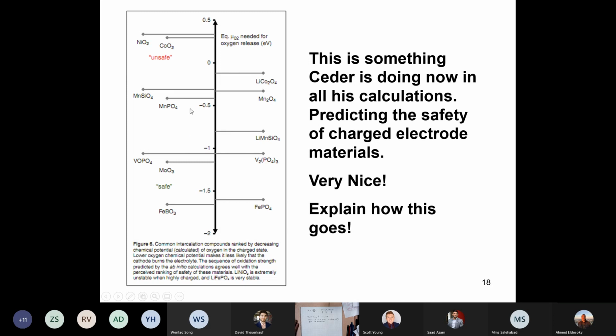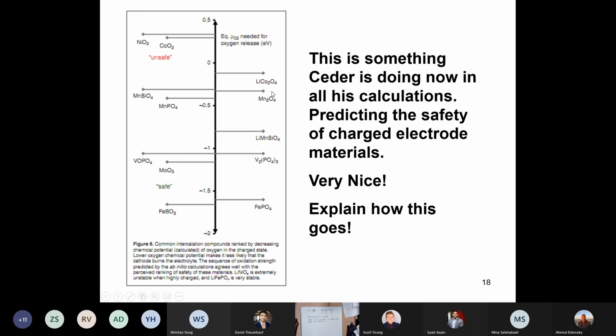And we learned through experiments that Dongsu did that lithium manganese iron phosphate with 80% manganese and 20% iron was as safe experimentally as iron phosphate. So it makes you wonder about this particular calculation for manganese phosphate, that it would be predicted to be so much worse than iron phosphate.